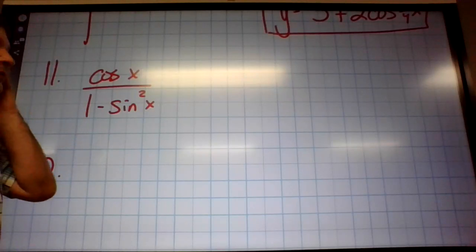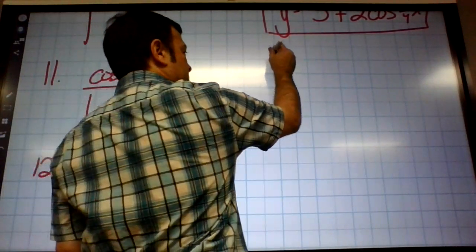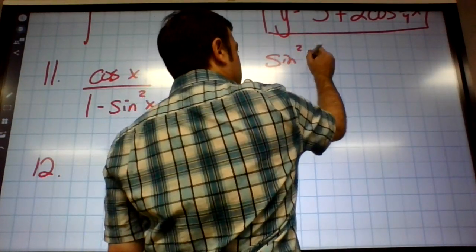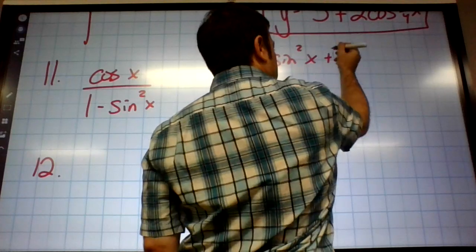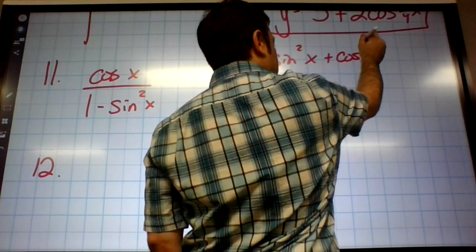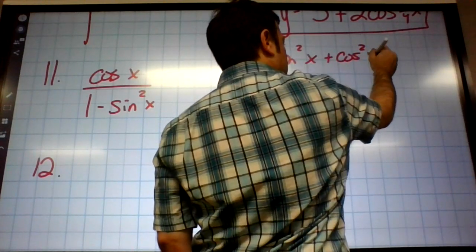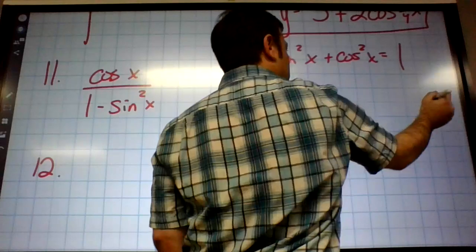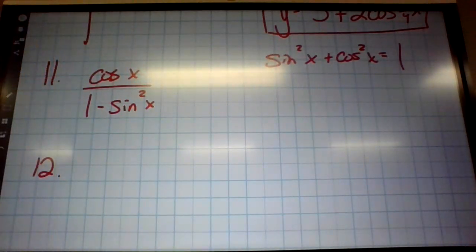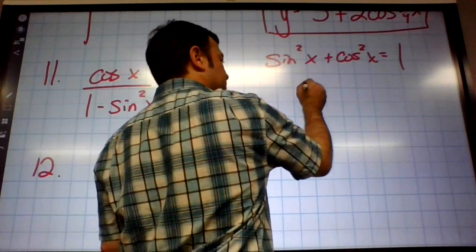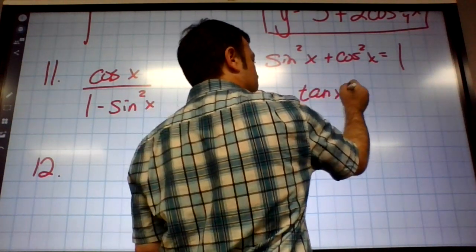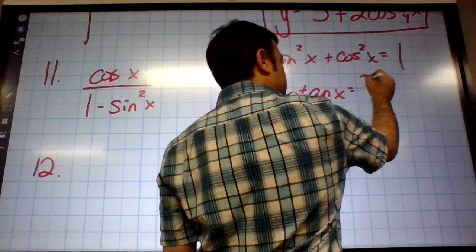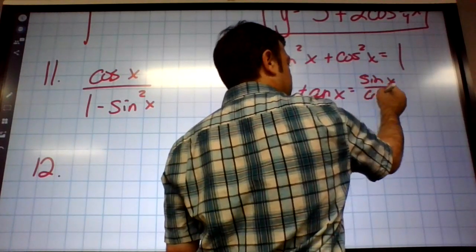I don't know if you guys remember, there's 2 formulas I said you guys need to have memorized. Sine squared plus cosine squared equals what? 1. And you guys remember the other one? Tangent equals sine over cosine.